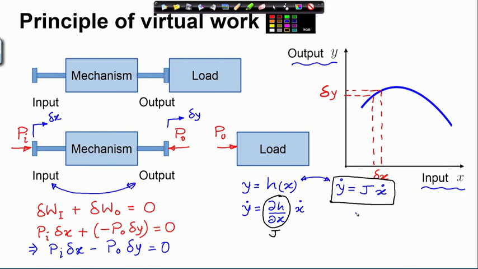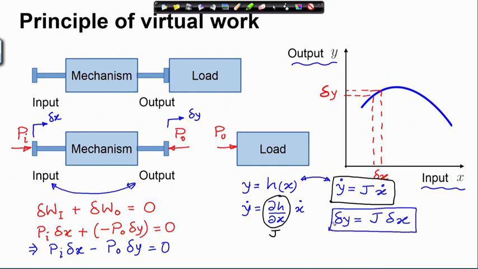If I consider the time is being frozen, then I can write delta y as J times delta x. So, I am imagining the time is being frozen, so that any input displacement delta x is related to the output displacement delta y through the Jacobian.